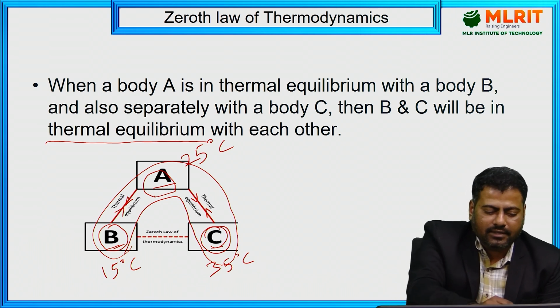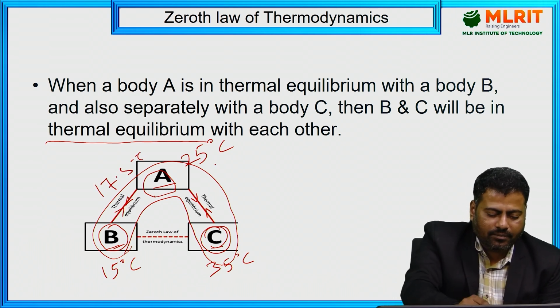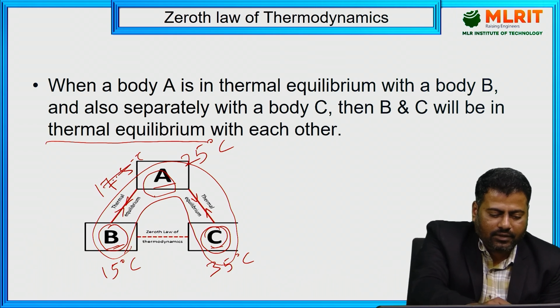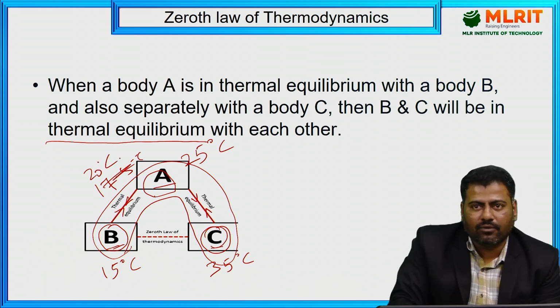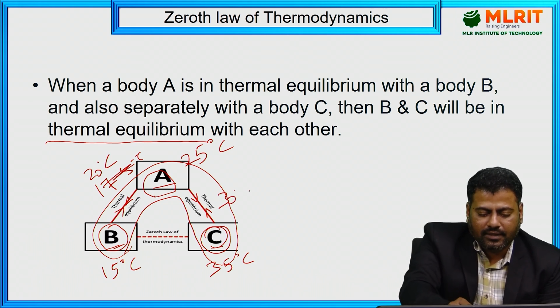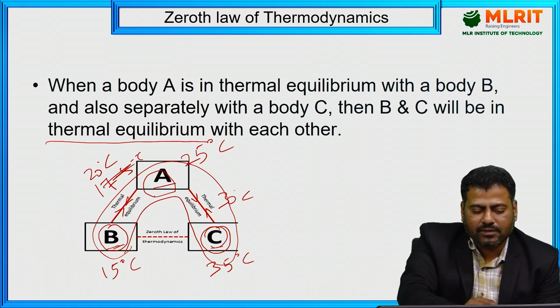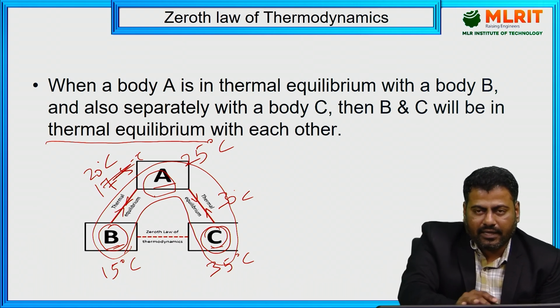For A and B, sorry, 25 plus 15, we get around 20 degrees Celsius. And for A and C, 25 and 35, the average is 30 degrees Celsius. This is separately for AB and AC.